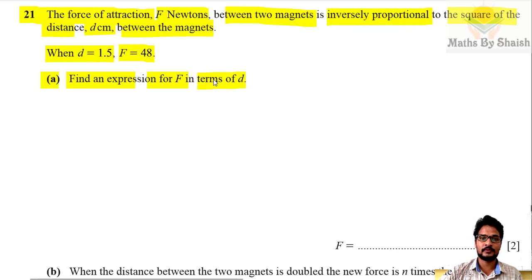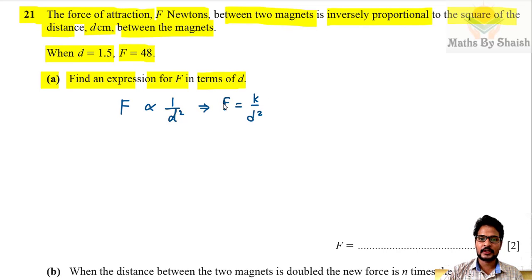So only in terms of d. So we know how we write inversely proportional to. F is inversely proportional, means 1 upon the square of the distance, so 1 upon d square. And when we remove the proportionality sign, we write it as equals k over d square. And here this k is a constant, the proportionality constant.